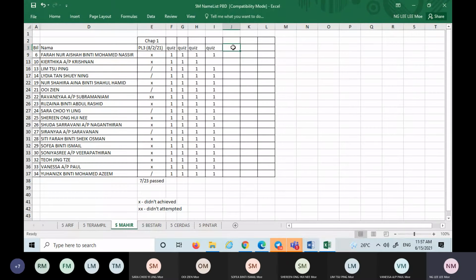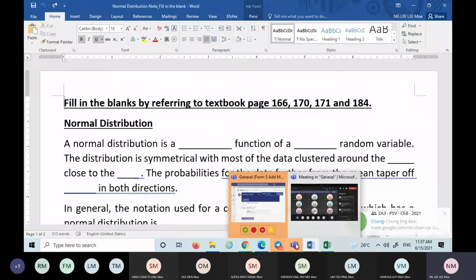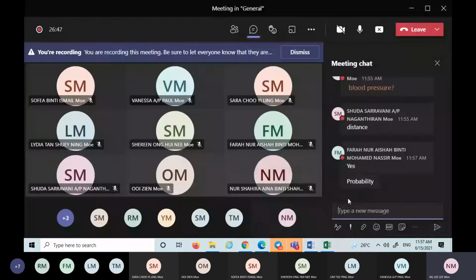We follow the name list, we start over again. Farah, the first one. You all please get the answer ready. Farah, what type of function?